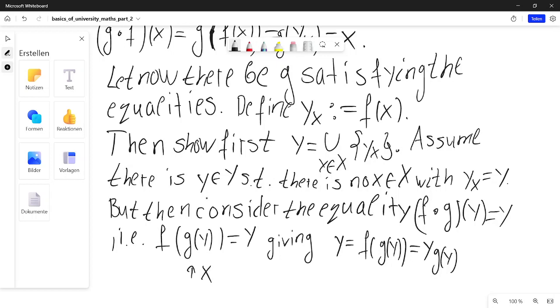It's just how g is defined. So there is such a g, it satisfies the equality. This is an element of that, and then that is that, and that is a contradiction.